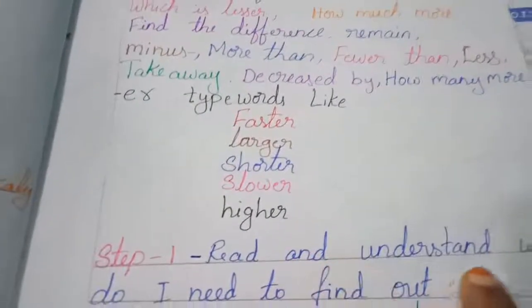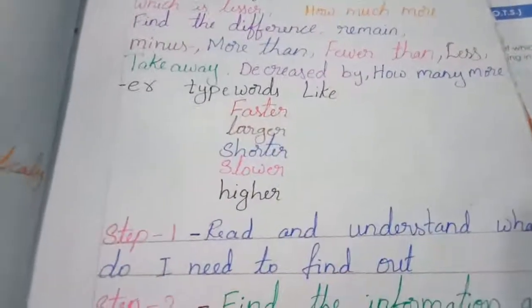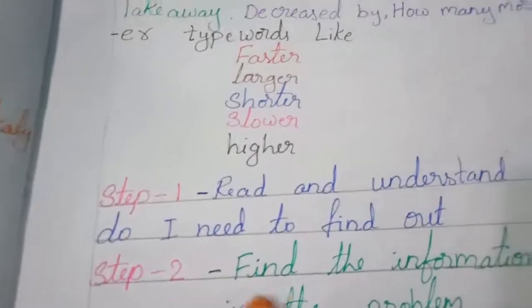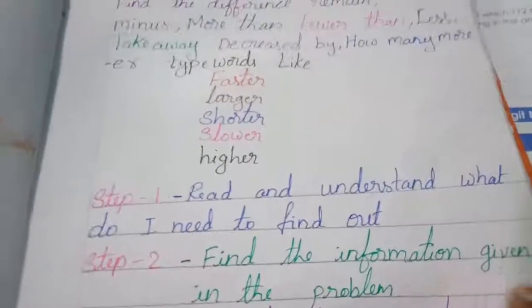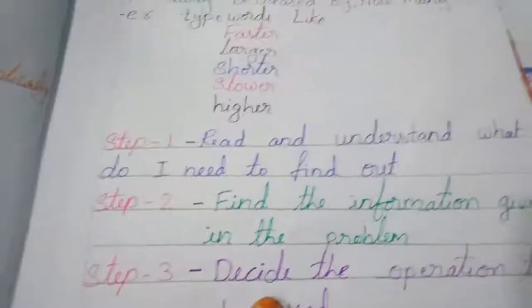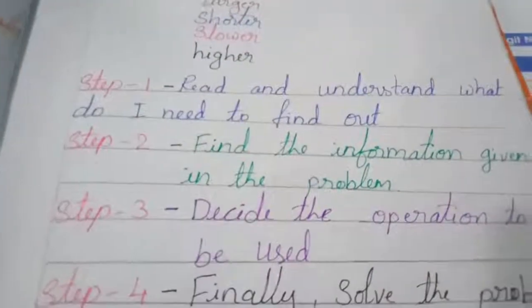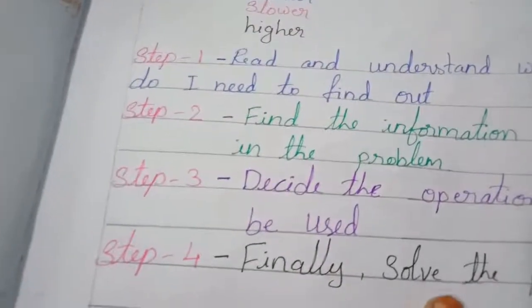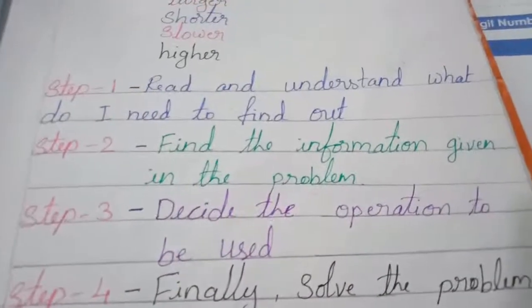Step 1. Read and understand what do I need to find out. Step 2. Find the information given in the problem. Step 3. Decide the operation to be used. Step 4. Finally solve the problem.